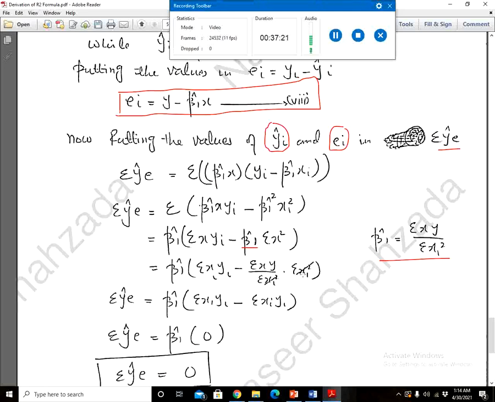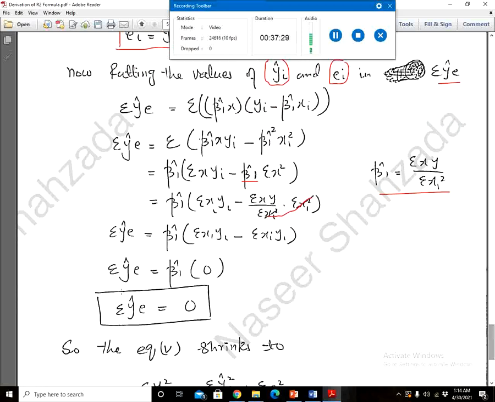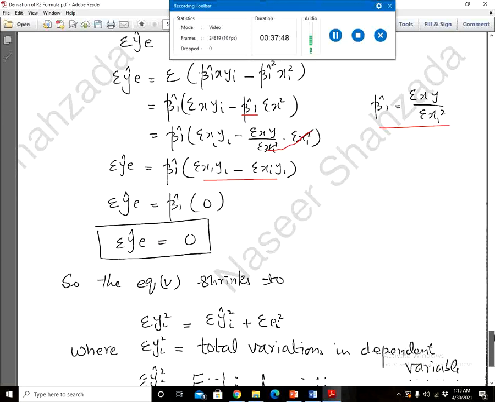Now this summation xi square and this summation xi square will cancel each other, and summation y cap i ei is equal to beta 1 cap into summation xi yi minus summation xi yi. This term will become 0, and the whole term summation y cap i into ei will be equal to 0.